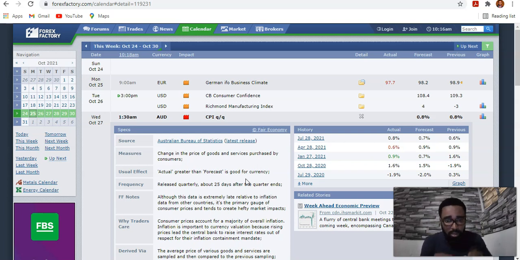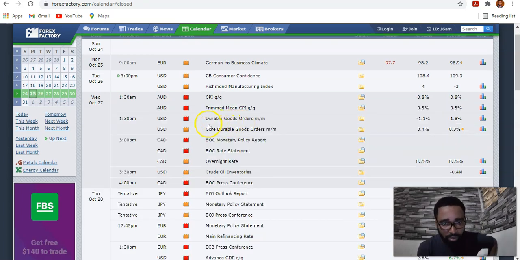Here on Wednesday, on USD, look here, 1:30 p.m., we have durable goods orders and core durable goods orders. So this could sound confusing. You see that the durable goods orders is a high impact news and core durable goods orders is a medium impact news.